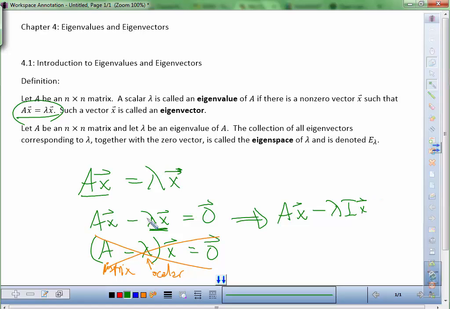And if we do this multiplication with a scalar and the identity matrix, that shouldn't change this vector value, right? And so now I can write A minus lambda I, and then I can just have this.